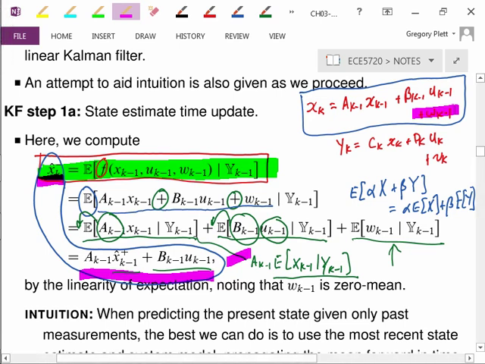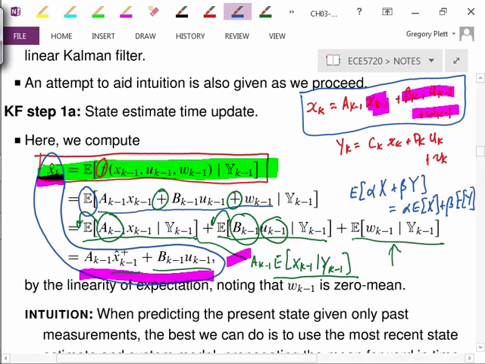That's the most we can assume without actually being able to measure the noise. We say, well, the mean is the most likely value, if you will, or the center. We measure the inputs, so that part is deterministically propagated through. And my best guess of what state to propagate through the equation to get the present state is the past estimate.